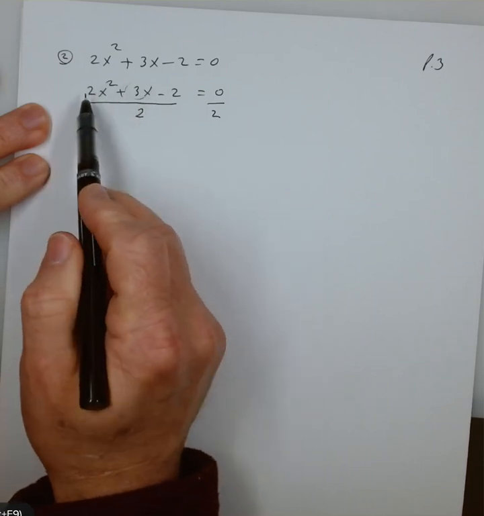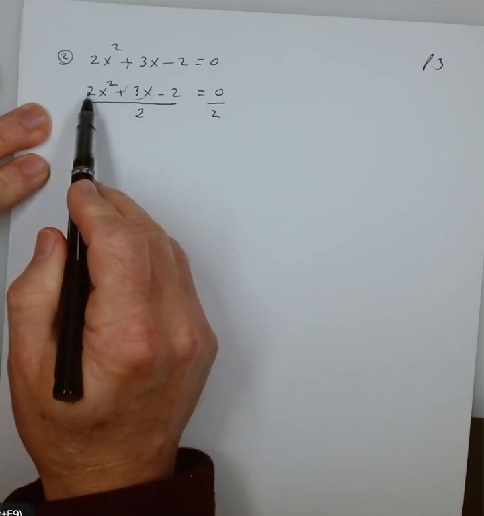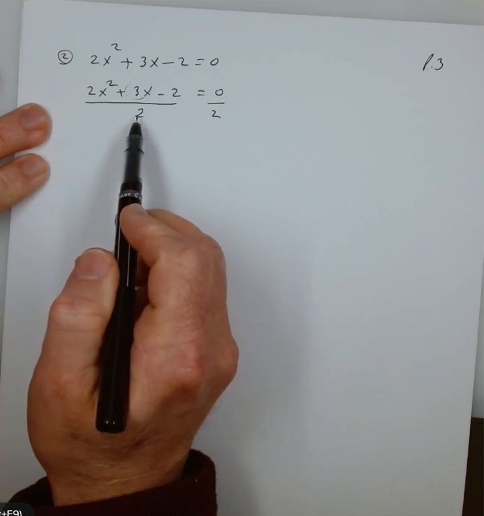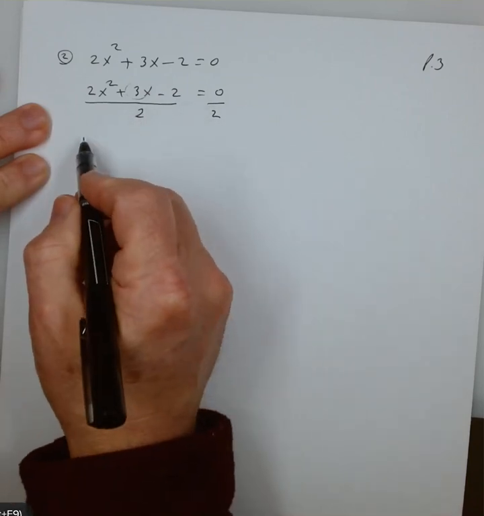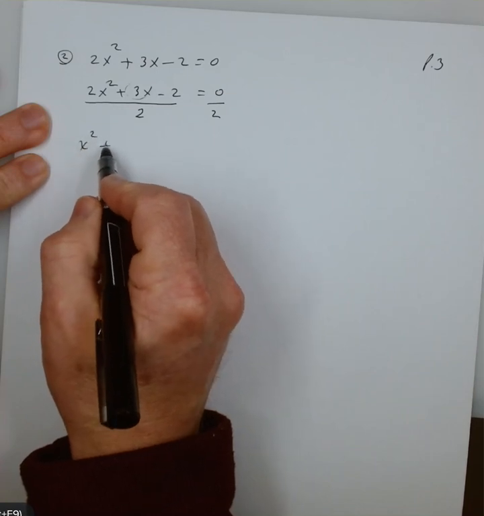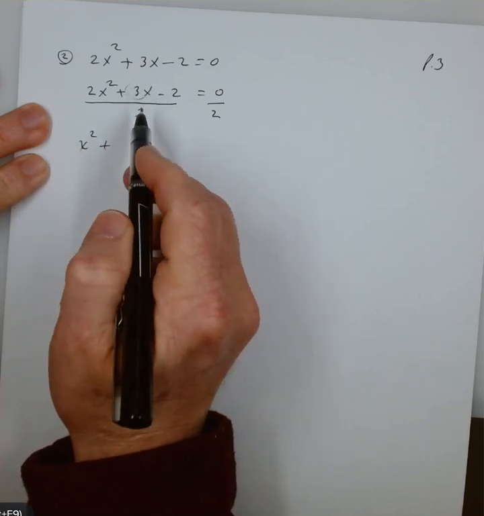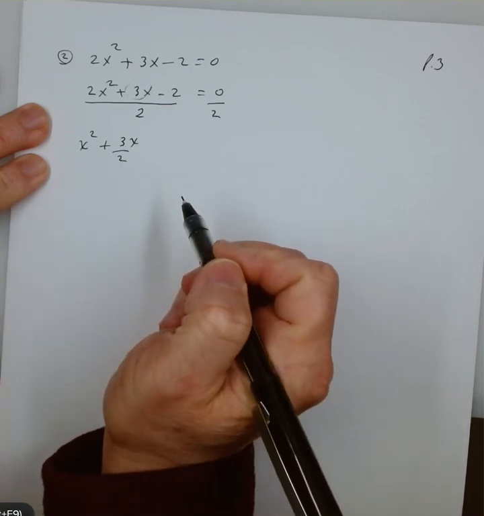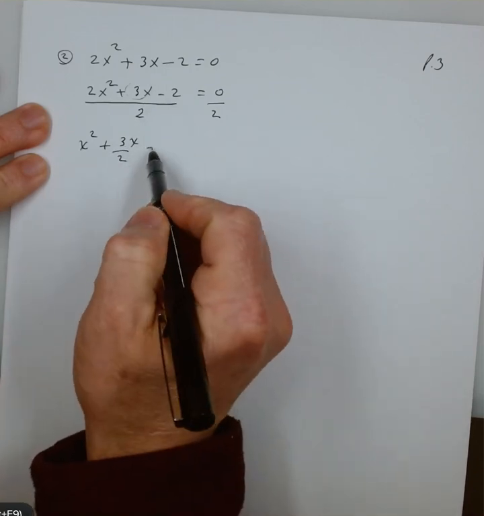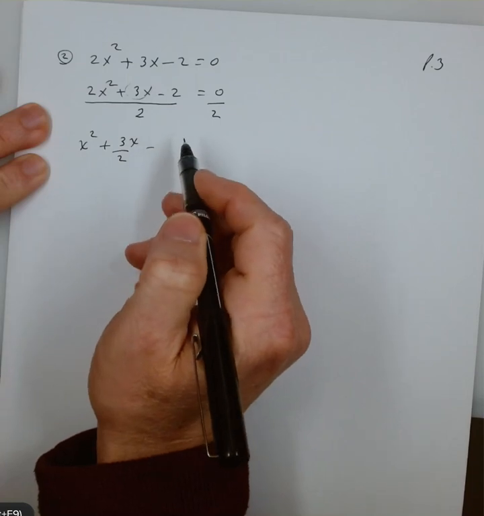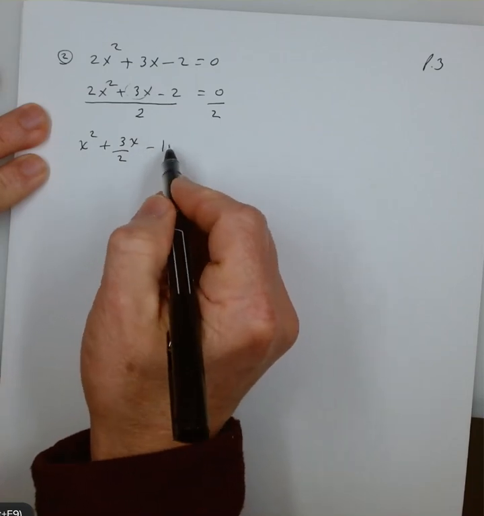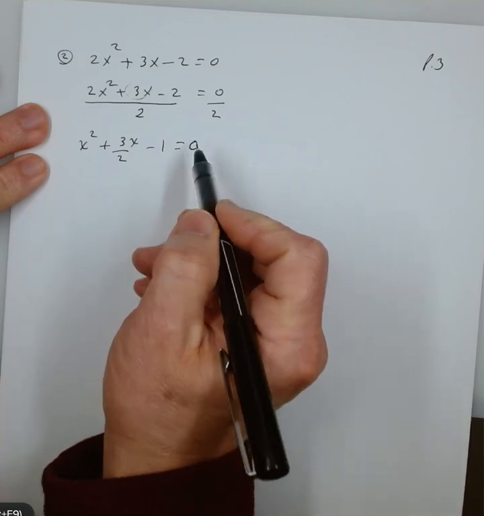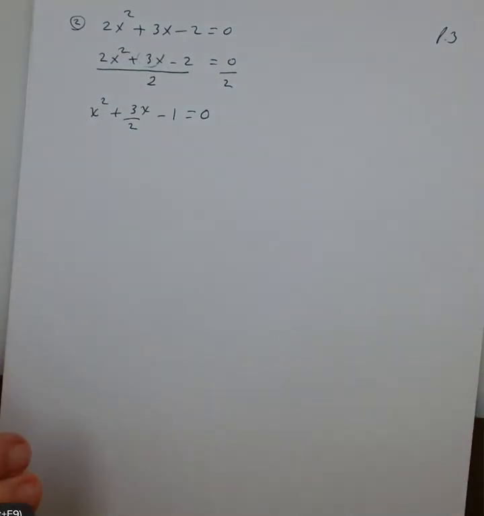So this becomes 2x squared divided by 2, which is what? X squared. Plus 3x divided by 2, just like this, right? Minus 2 divided by 2, which is what? 1. Equals, and then 0 divided by 2, which is 0. All right, so that's where I'm at.